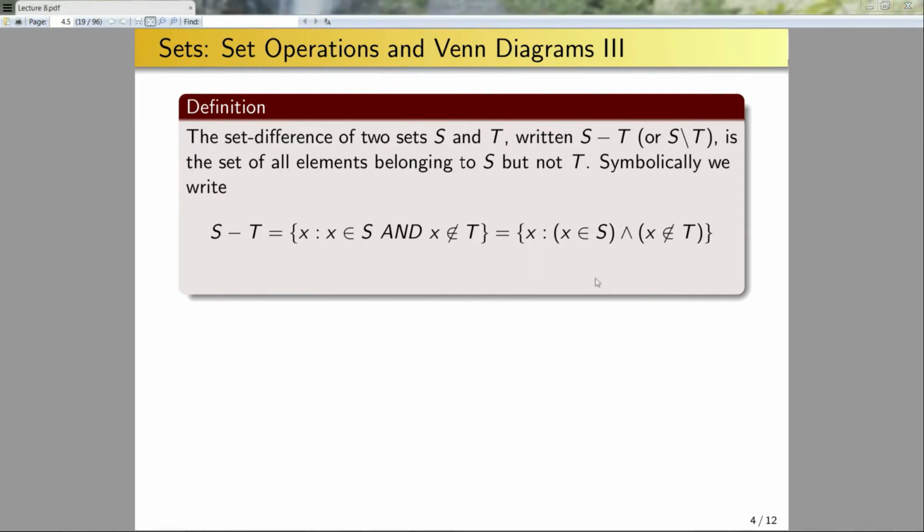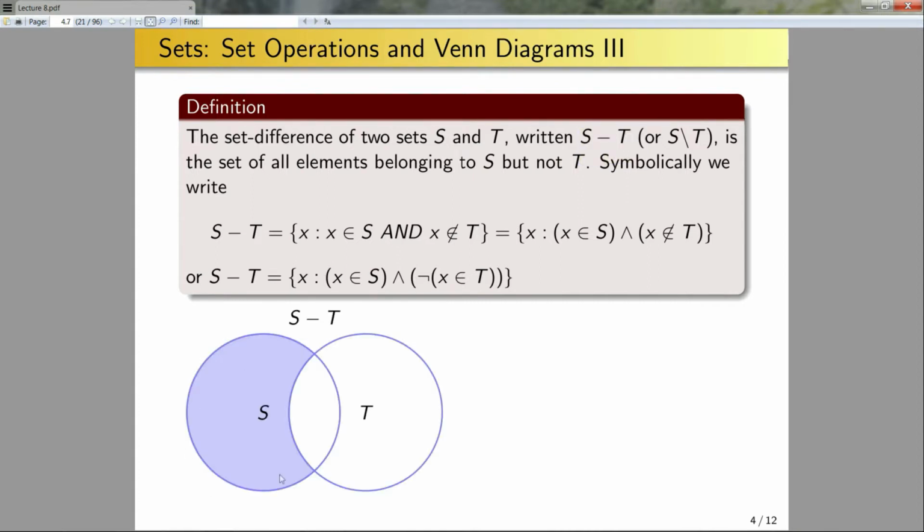Now, if we wanted to, we can go one step further. Previously, we noted that "X is not in T" could be written using logical operators, so let's expand this out a little bit more. So S minus T would simply be the set of X, such that X is in the set S, and the negation of X is in T. So now, take a moment and draw what you think S minus T would look like. So, what would S minus T look like?